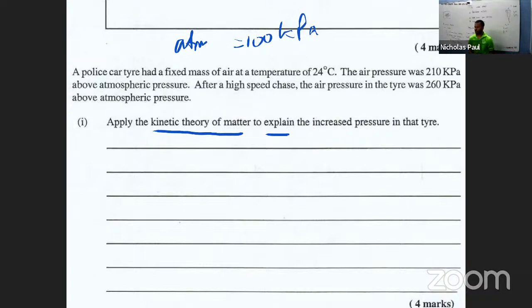Why did the pressure increase after a high speed chase? Remember we said some things will increase pressure, right? Why do you think the pressure went up?